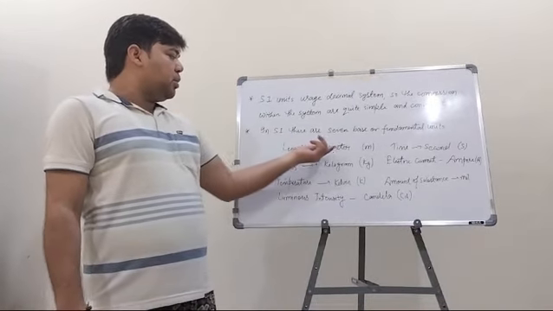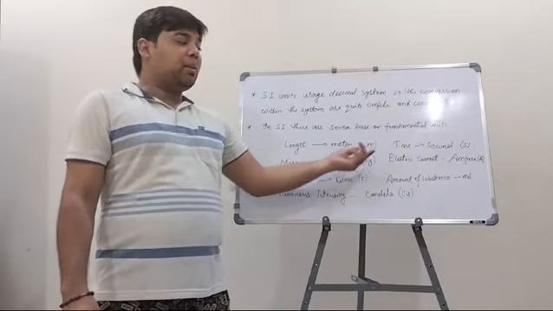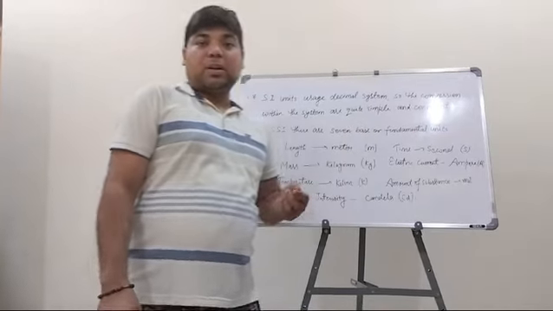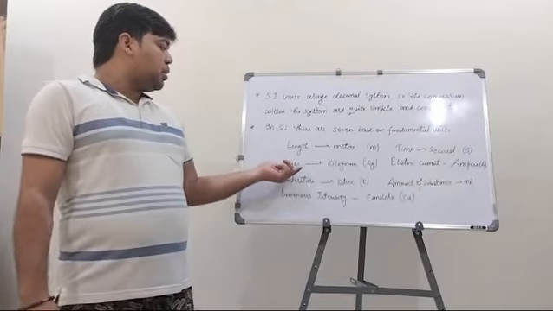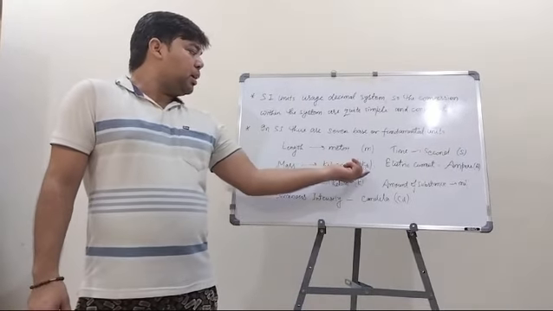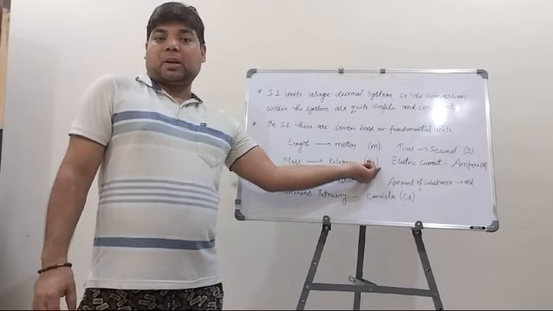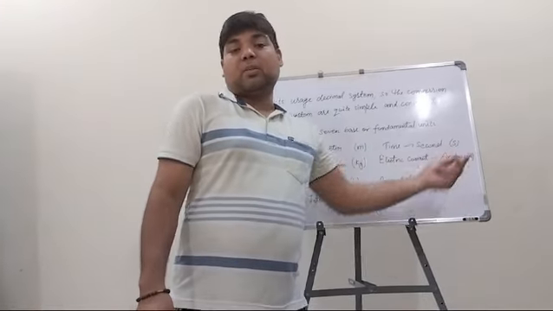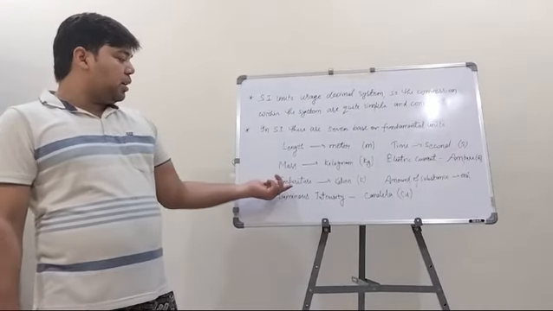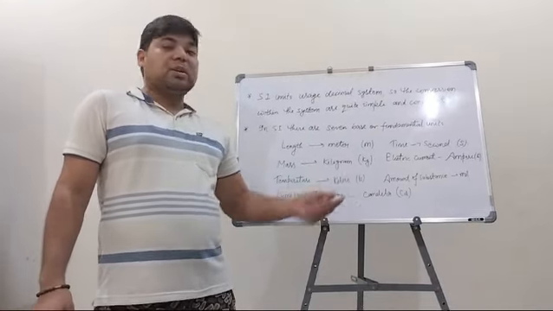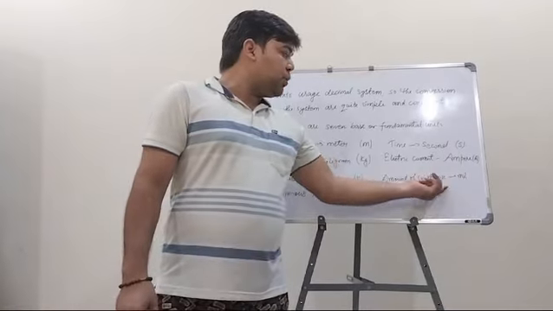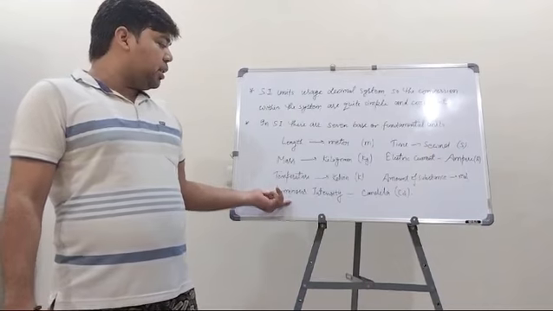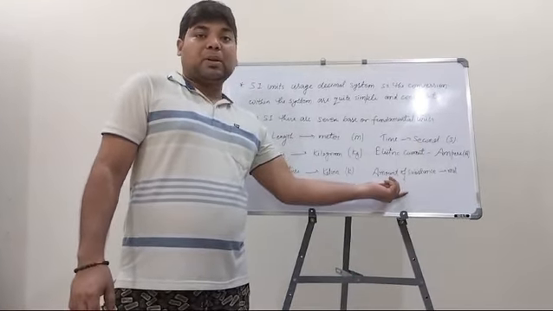For length, the meter, represented by small m. For time, it is second, represented by small s, and mass is represented by kilogram, kg, with capital K and small g. Electric current in ampere, represented by capital A. Temperature in Kelvin, represented by capital K, amount of substance in mole, and luminous intensity in candela, or cd, capital C and small d.